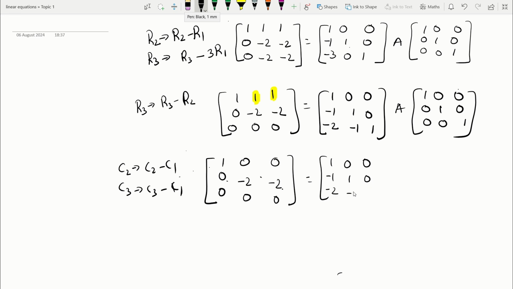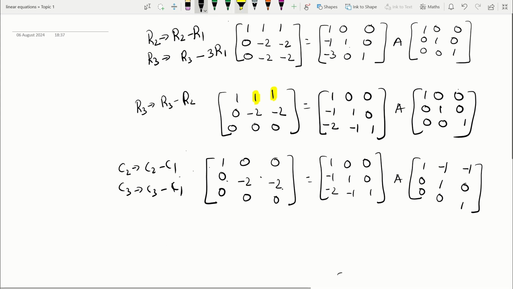Again the diagonal elements are here, but our aim is to convert into normal form, so our target is to make these 2 places 0. For that, C2 implies C2 minus C1, and C3 implies C3 minus C1.